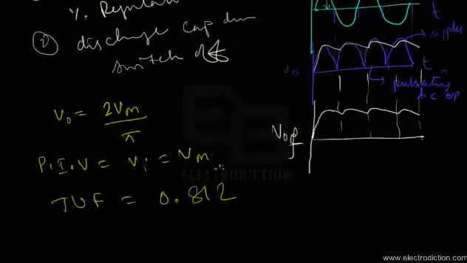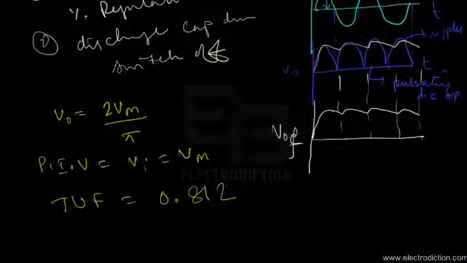With a peak inverse voltage of Vm falling across two diodes, the two diodes distribute this peak inverse voltage, and that's why the lifetime of each diode increases.